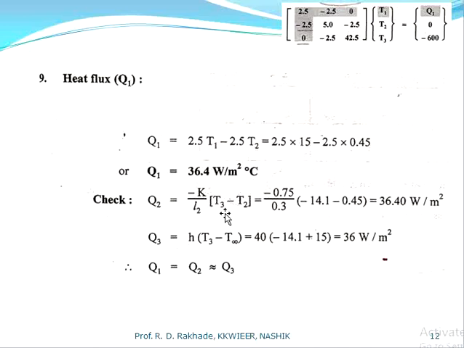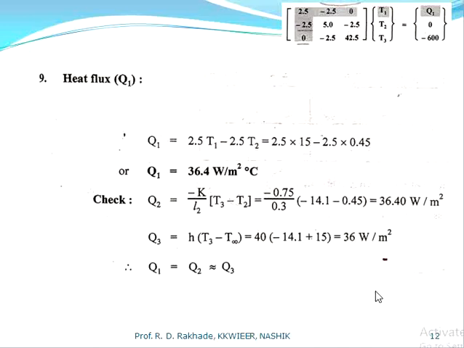Then after putting the value of K, L2 and the temperature difference between these two nodes, we'll get the value again 36.4. At point 3, heat flux into temperature difference, that is at node 2 and ambient temperature, again we will get the value 36. So in this way we can check that heat flow or heat flux at node 1, node 2, node 3 is approximately equal to 36.